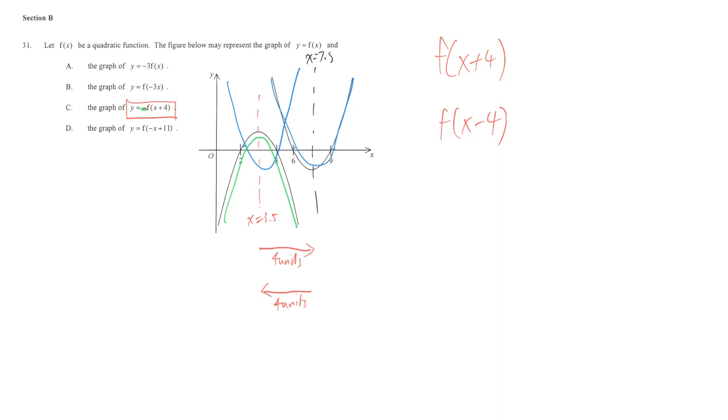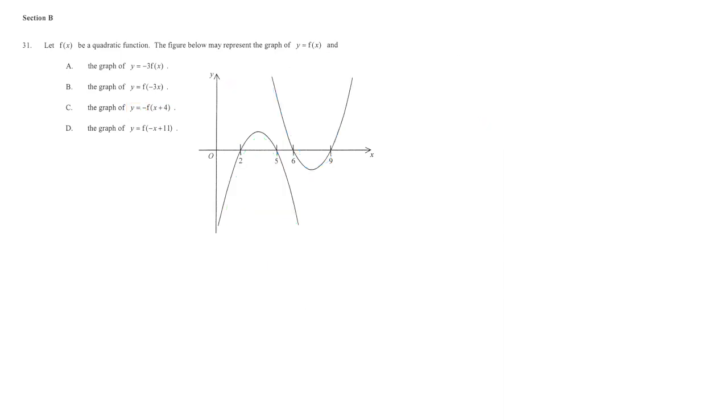But why are answers A and B nonsense? First, if this is just x, that means we don't shift left or right, so it may be maintained here. Then we just flip it. So if this is the original one, then there is a function which is flipped like this.